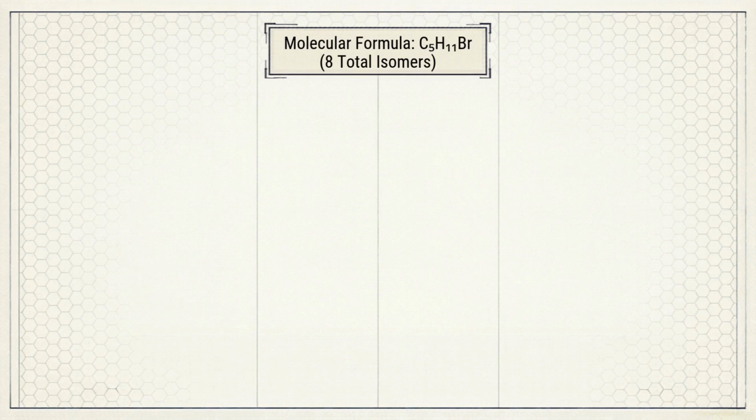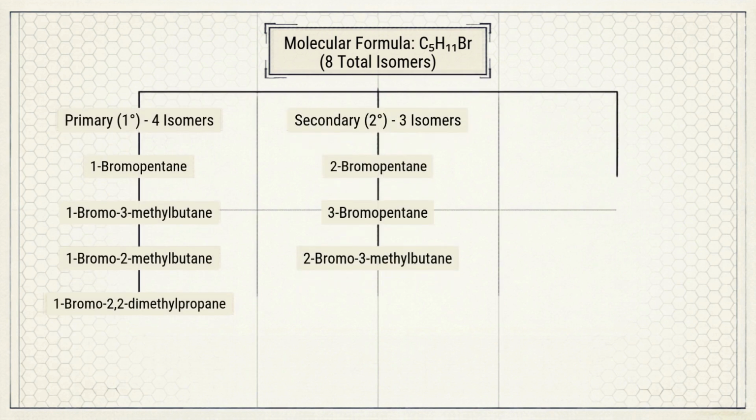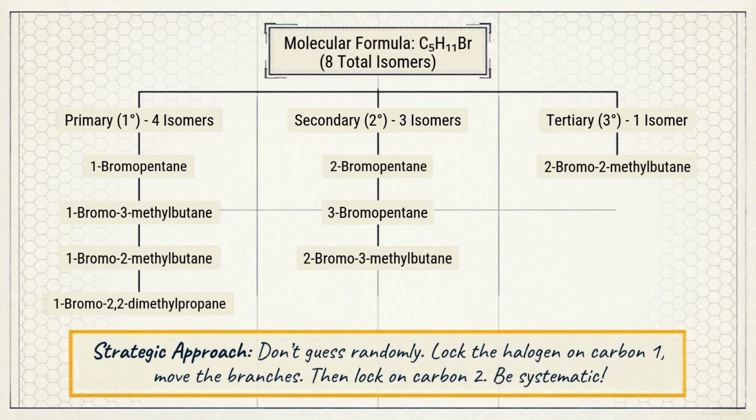That is why the isomer count is organized by primary, secondary, and tertiary carbon arrangements. The method matters more than the final list. If you try to brute force it, you will miss isomers or count duplicates. The smart approach is to lock one carbon position, then move the branches carefully.